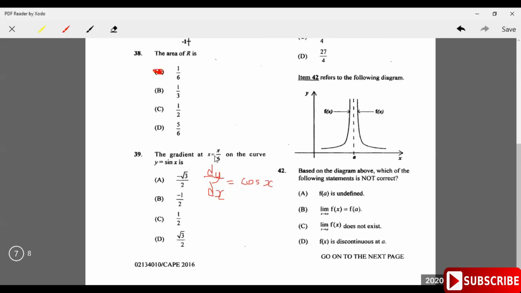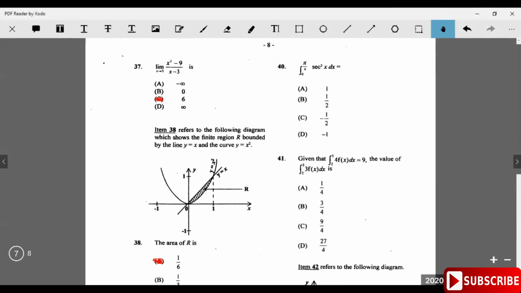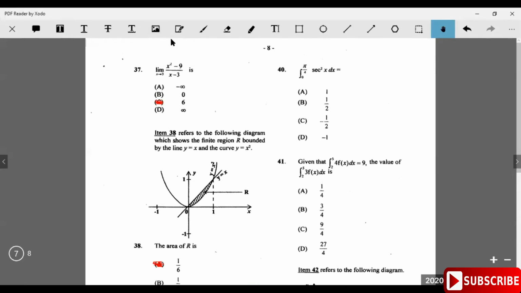So fine, we put in x as pi by 6, so we want the cosine of 30. The cosine of 30 is root 3 over 2. That looks like option D, which is very easy. Nice. So that's 39.